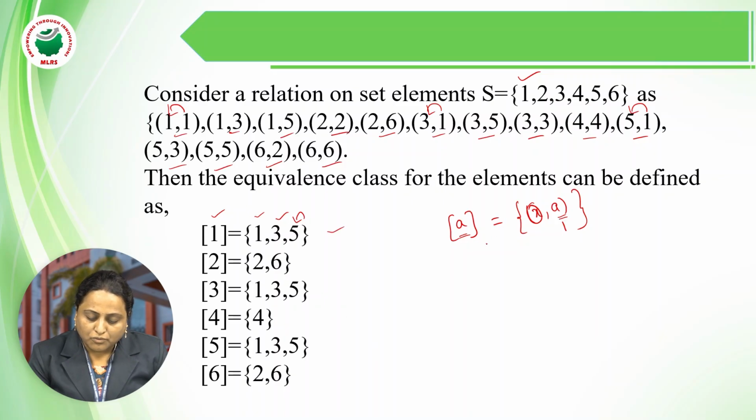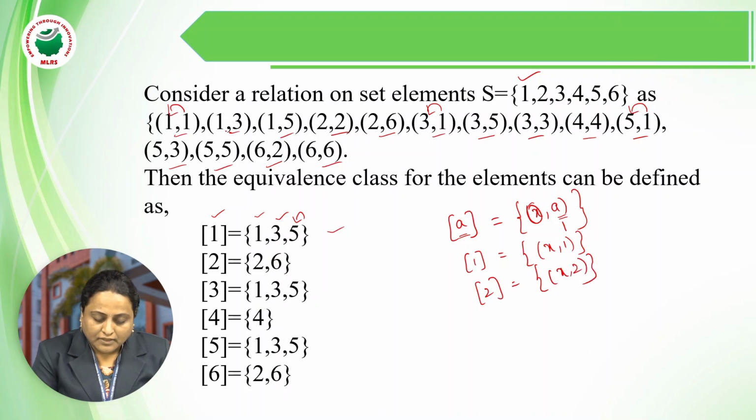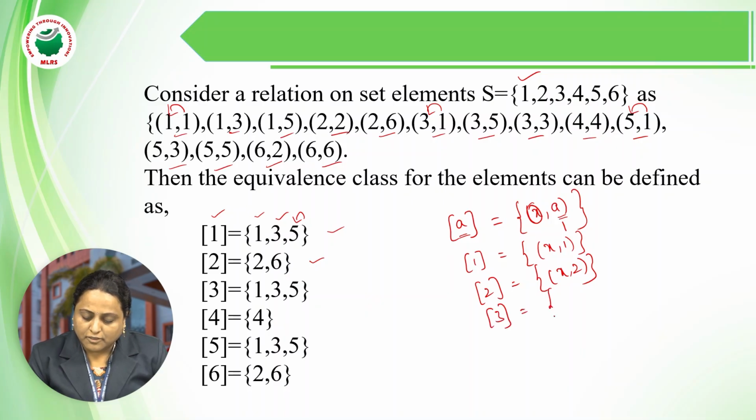Coming to 2: how did we check 1 here? The equivalence class of 1 is nothing but the ordered pairs in the form (x, 1). Similarly, the equivalence class for element 2 will be the ordered pairs in the form (x, 2). Here 2 is related to 2, so we have written 2, and the other x value is 6, so we have (6,2). Coming to the next class, that is 3, you are going to check the ordered pairs in the form (x, 3).